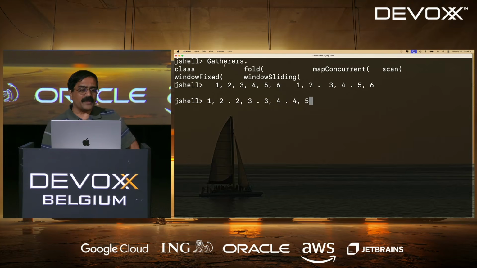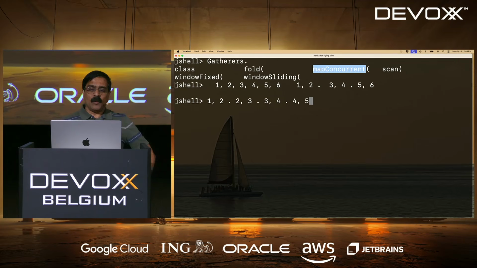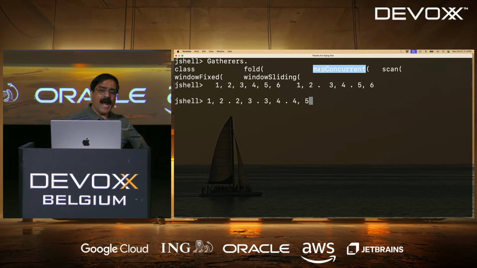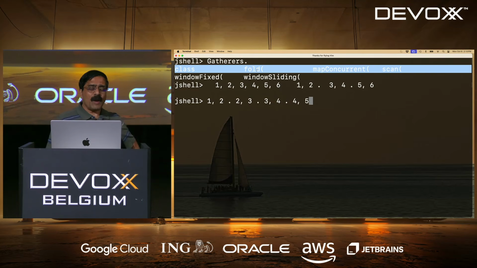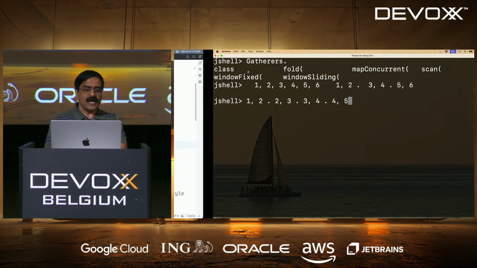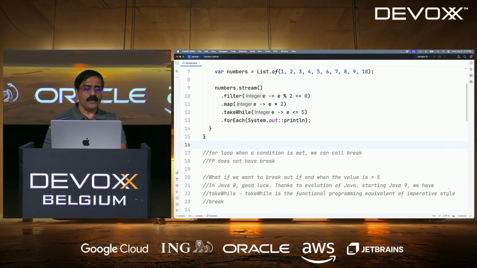So those two functions are already available. There's a map concurrent, which allows you to perform map operations using a virtual thread. And you have a fold. And you may wonder, what's the purpose of a fold after all? So essentially, if I were to use a reduce function, a reduce is a terminal operation.